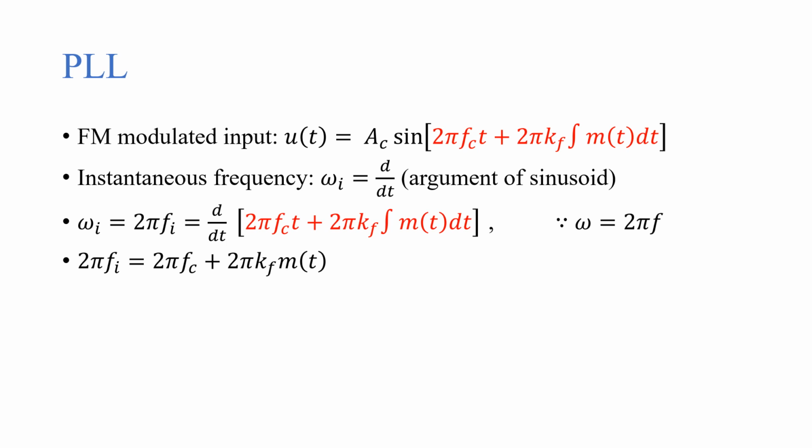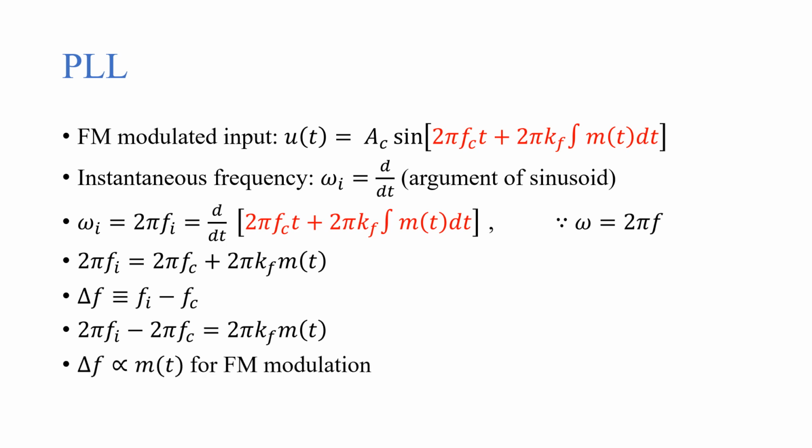If we define the frequency deviation delta f as the difference between the instantaneous frequency fi and the carrier frequency fc, rearranging we get that the frequency deviation is proportional to the message signal m(t). Frequency modulation is varying the frequency of the carrier signal around a center frequency proportional to the message signal, and hence we have the correct representation for the FM modulated signal.